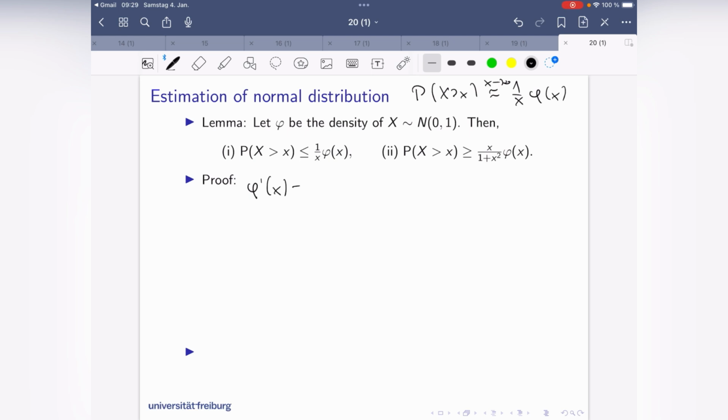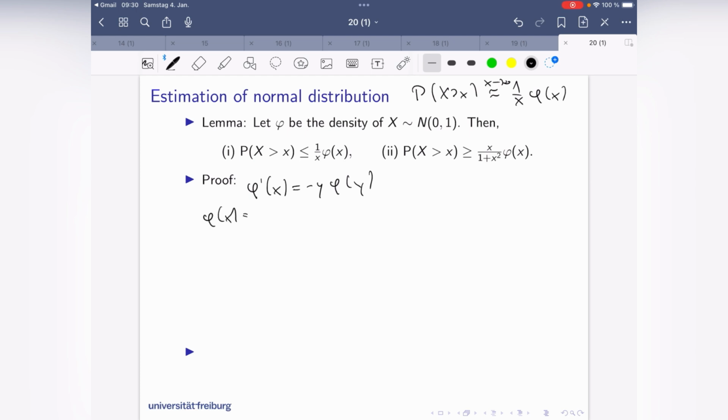And if I take the derivative, then I get the same function and a minus x in front of it, by the derivative of the exponential. And using this, I can write phi of x.